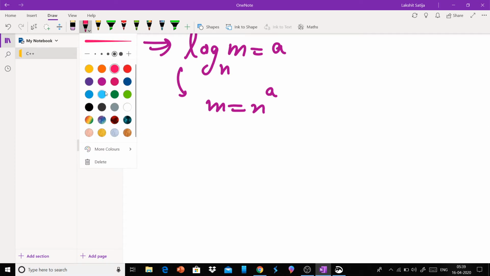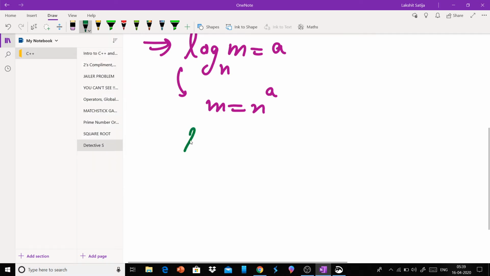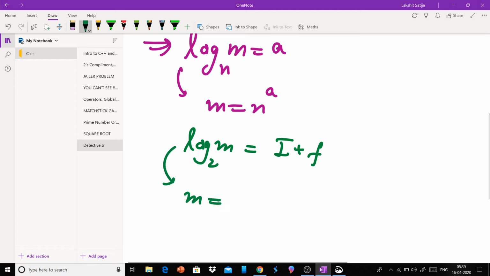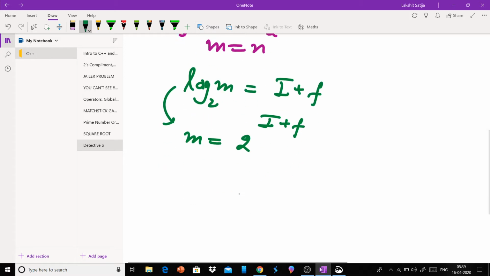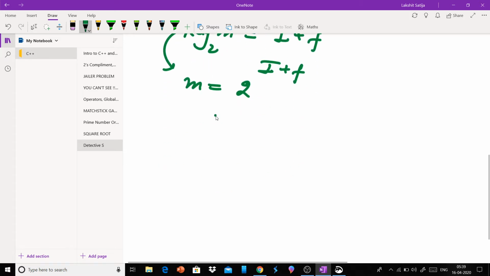So we can write log 2 m is equal to I plus f as m is equal to 2 to the power I plus f, which I can further write as 2 to the I into 2 to the f, right?